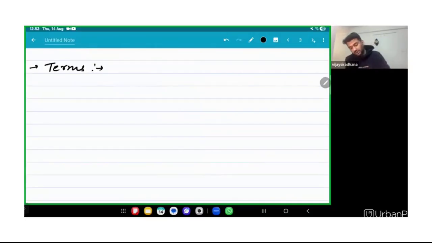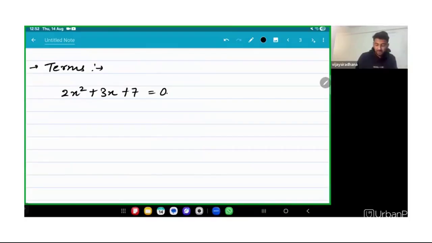So suppose, student, you are taking one equation, which is 2x square plus 3x plus 7 is equals to 0. Now, this is something, the algebraic expression.